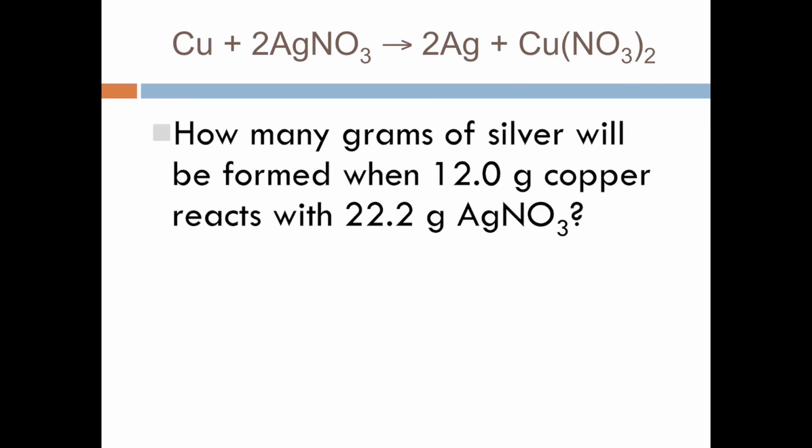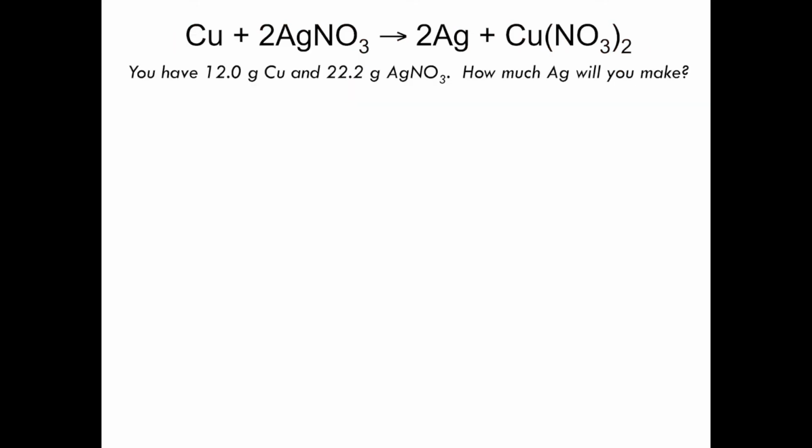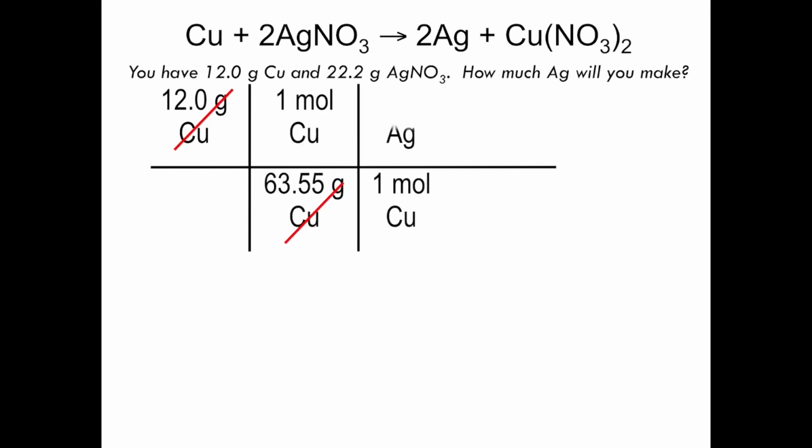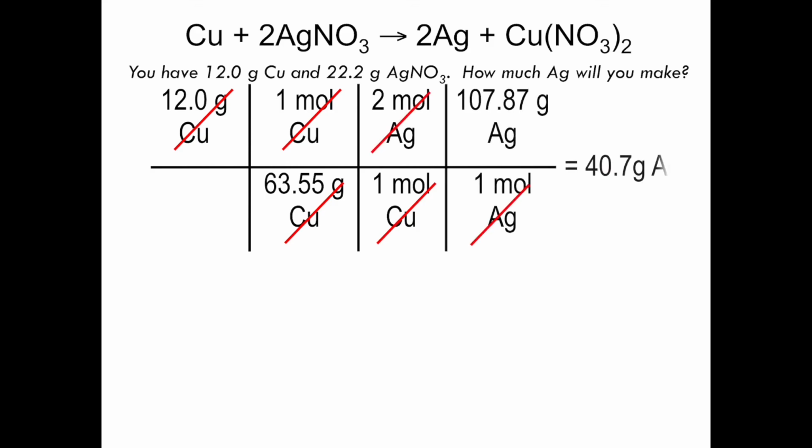How many grams of silver will be formed when 12 grams of copper react with 22 grams of silver nitrate? So I've got 12 grams of copper. Going to find out how much silver I'm going to make. I am going to make 40.7 grams of silver.